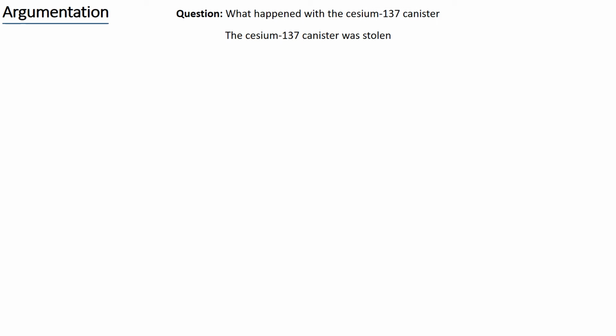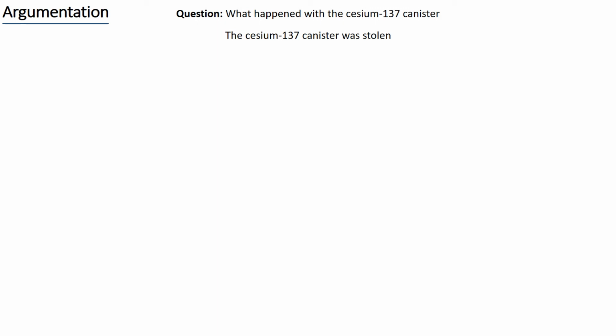Let's start with the hypothesis the cesium-137 canister was stolen. Let's now consider the available information and determine whether it suggests how the canister might have been stolen. We have determined that the canister is missing and that the locker was forced. There is a video segment showing a person loading a container into a panel truck.